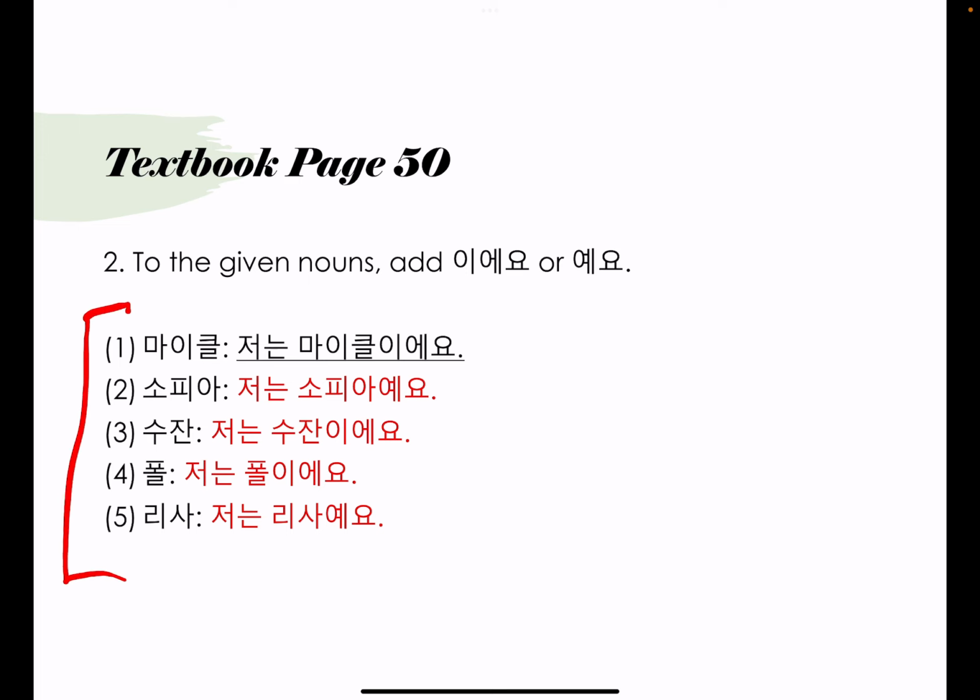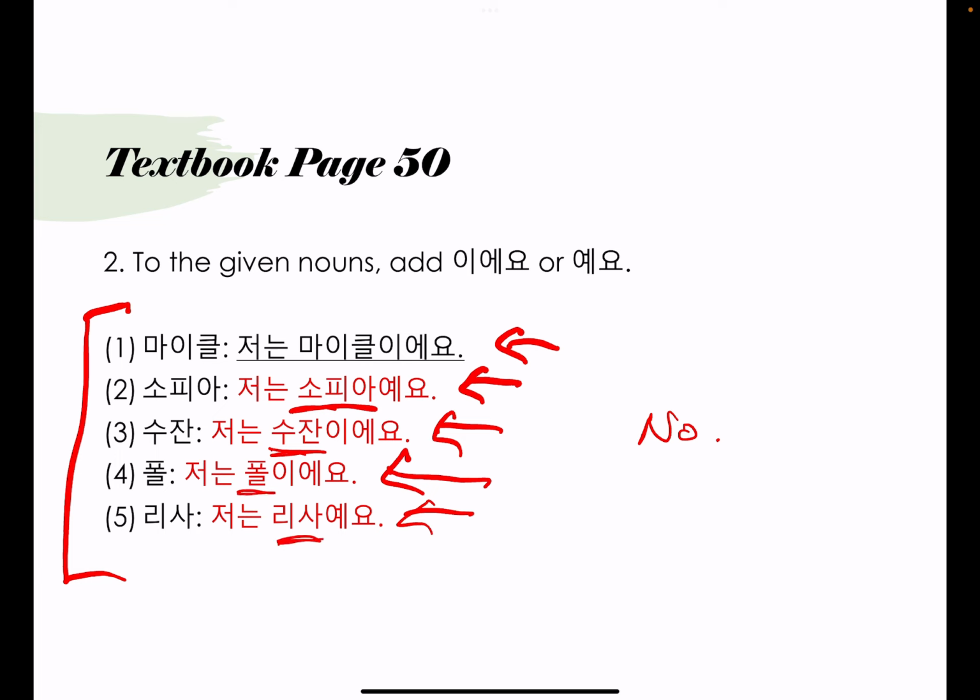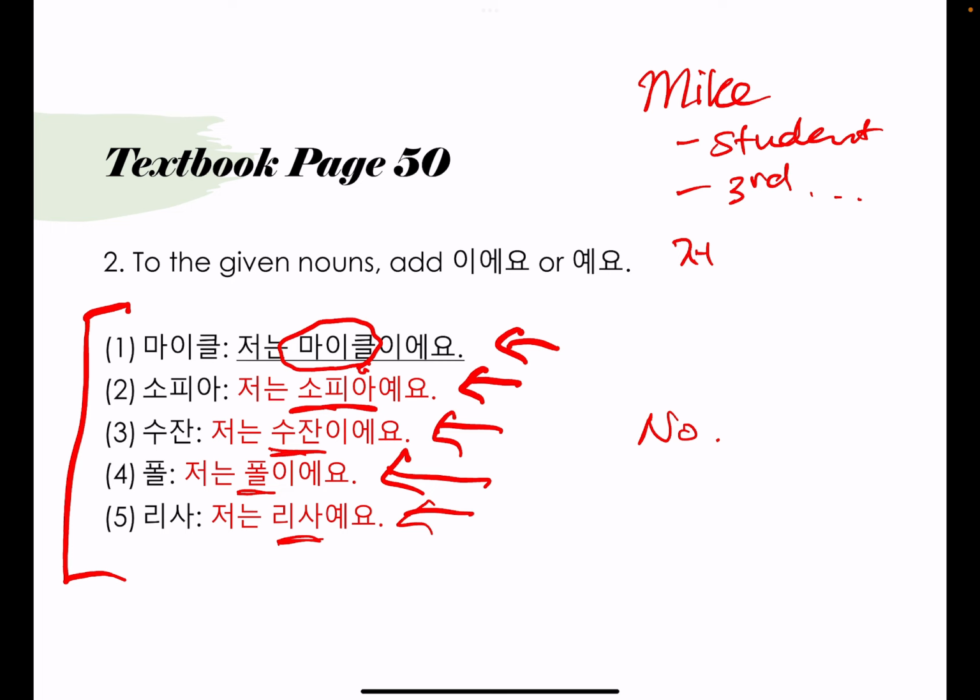A question today was: if this was, instead of being separate sentences, a paragraph, do we omit 저는 here? And the answer is no in this case because your noun is changing. But if I was constantly talking about Michael, because Michael has a lot of identities, Mike is not just Mike, but he's also a student, he's third year and things like that, then I can say 저는 마이클이에요.